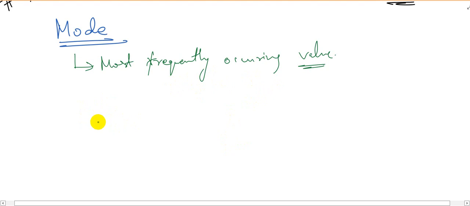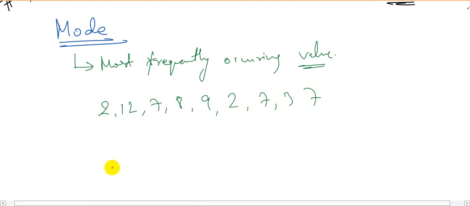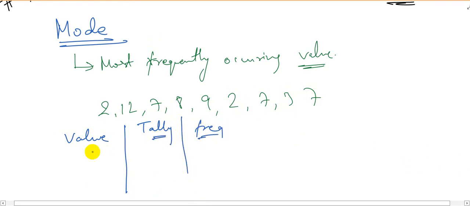Okay, so let us take this example: 2, 12, 7, 8, 9, 2, 7, 3, 7. To get the mode, we can simply make a frequency table, right?